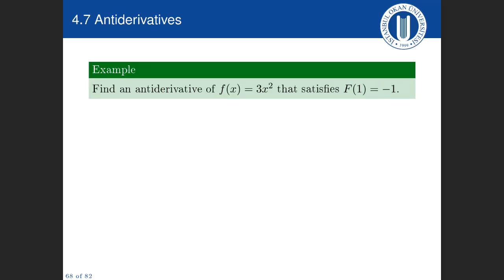For example, find an antiderivative of 3x squared that satisfies F of 1 is equal to minus 1. We need to find a function capital F which satisfies two things. If we differentiate capital F, we get 3x squared. And if we calculate capital F at 1, we get the number minus 1.